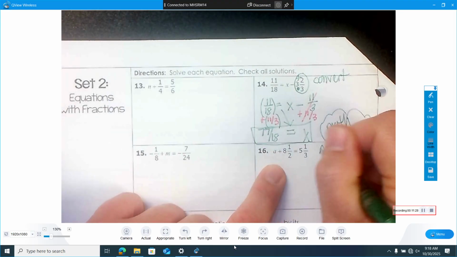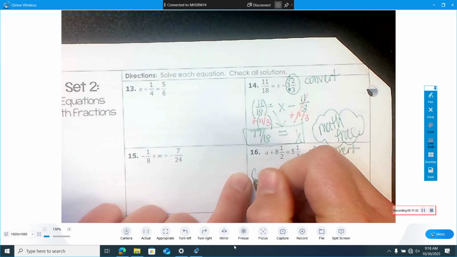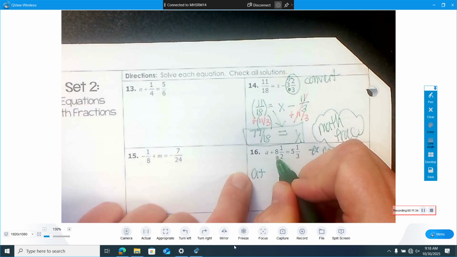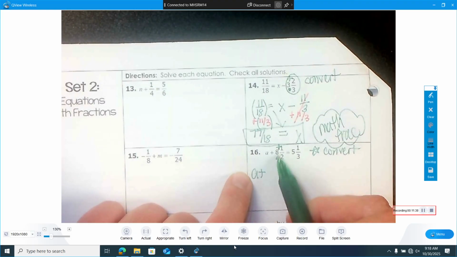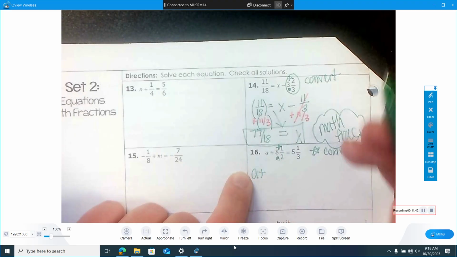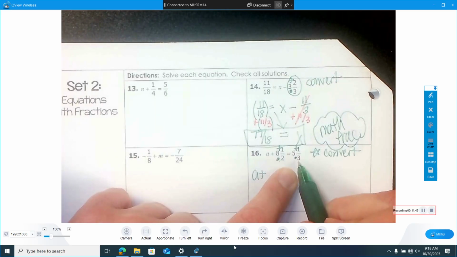Convert. We've got to start by converting our fractions. So I have a plus. We're going to multiply and add. When I'm writing stuff down, these little symbols are to help us later on. I want you to put those little helpful hints in there for yourself.